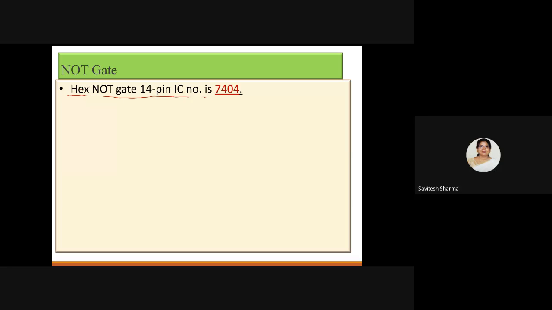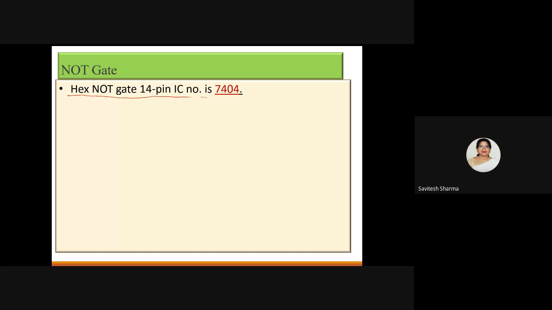Why am I writing hex here? Because you will never get an IC that contains a single NOT gate. No such IC is available. So here one IC is available, and that number is 7404. Some alphabets you will also see at the time of purchase that will tell you about some other features.